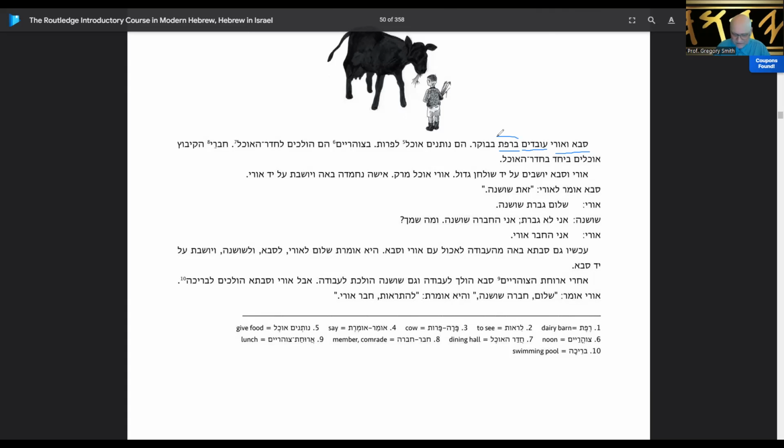Barefet, the barn. In the barn. Notice that bet there means in, with, or on. So it's clearly in this context. And when? Baboker, in the morning.